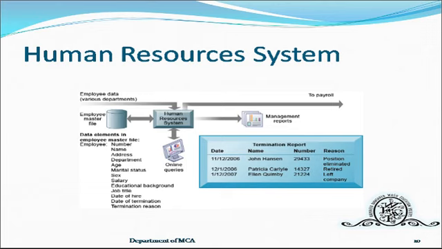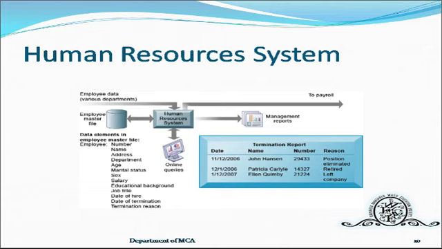This system maintains employee records, tracks employee skills, job performance and training, and supports planning for employee compensation and career development. So on the screen you will see the diagram for human resource system.